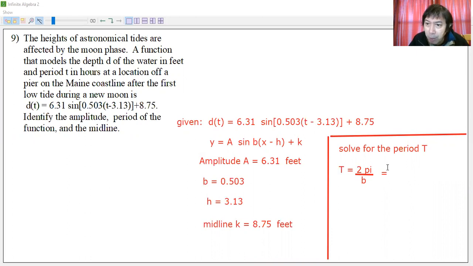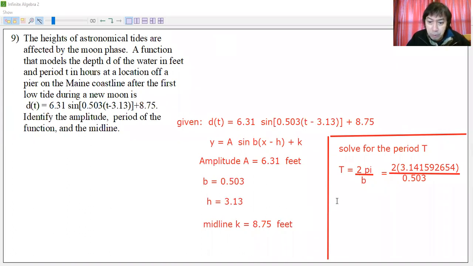So we will have to multiply 2 by the value of pi, 3.14159265, and this will be divided by our b, which is given here as 0.503. And this will be just computation. This will be the product of 2 and pi divided by 0.503.